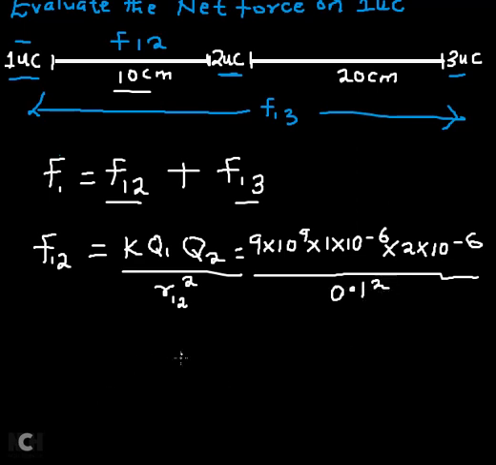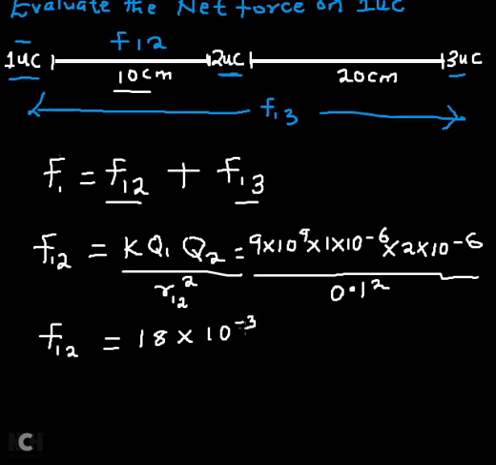Okay, so let's proceed. F12 is going to be equal to, what do I have? Let's do that. 9 times 2, that's 18. Then, of course, times 10 raised to the power of 9 minus 6 minus 6, that's minus 3.